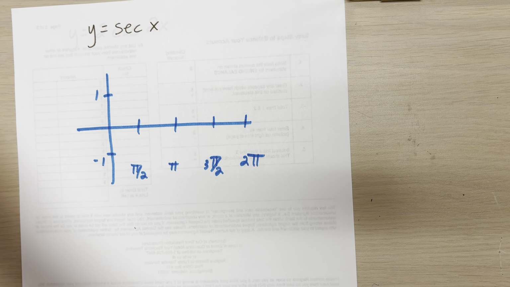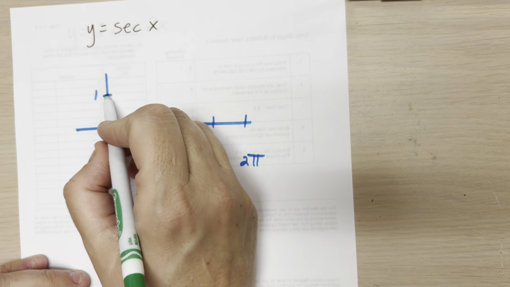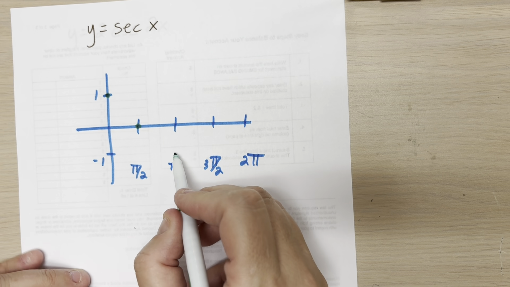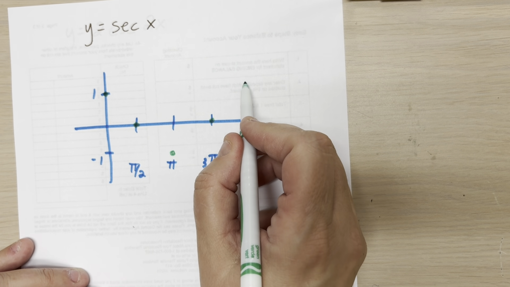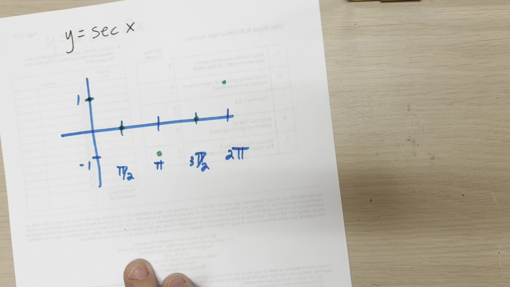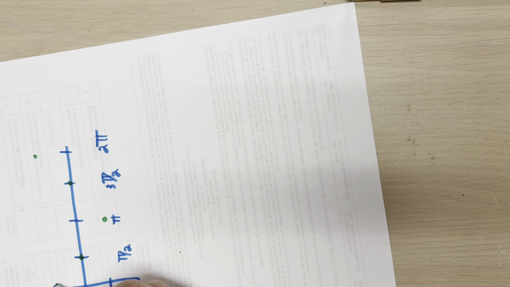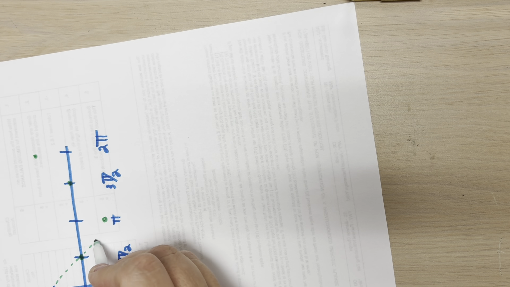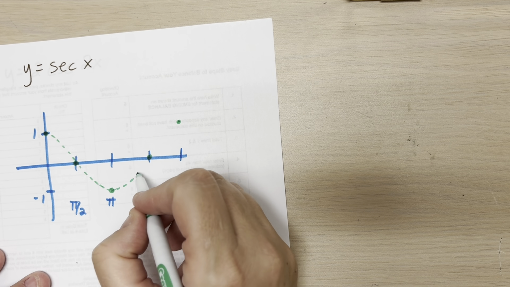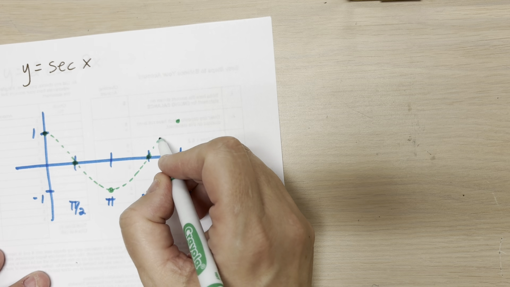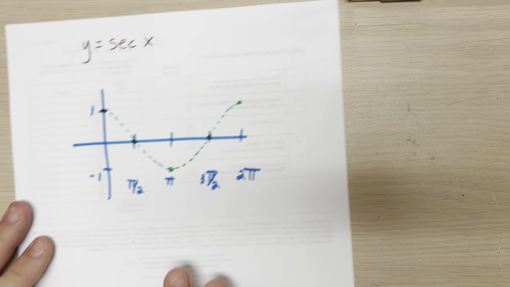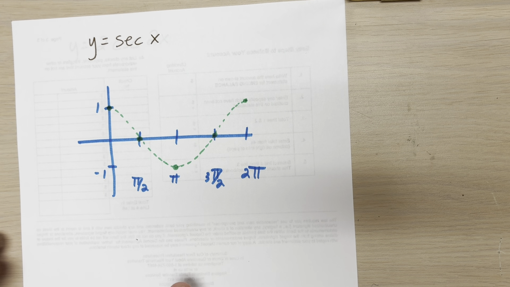We start up at 1, hit the midline, the minimum, midline, maximum. If you're still not sure about sketching a cosine curve, go watch one of my other videos. I have 3 of them all about sine and cosine, including the parent function and also some transformed ones.